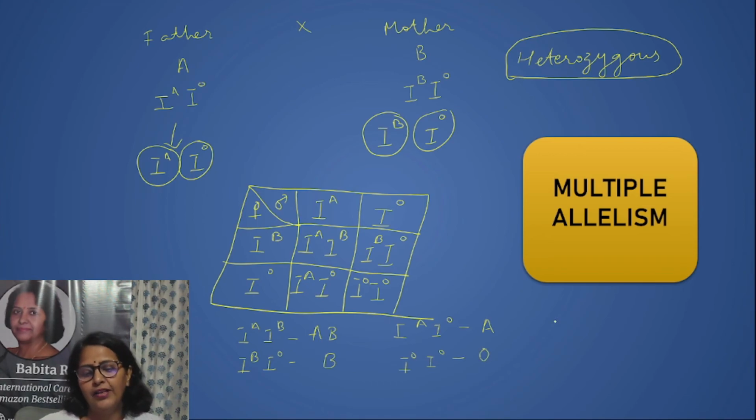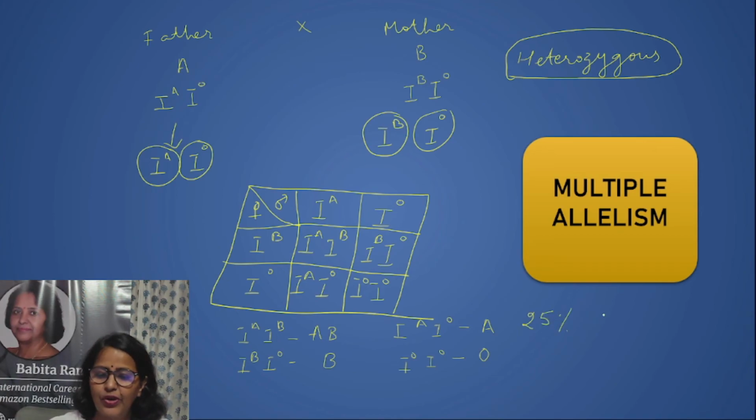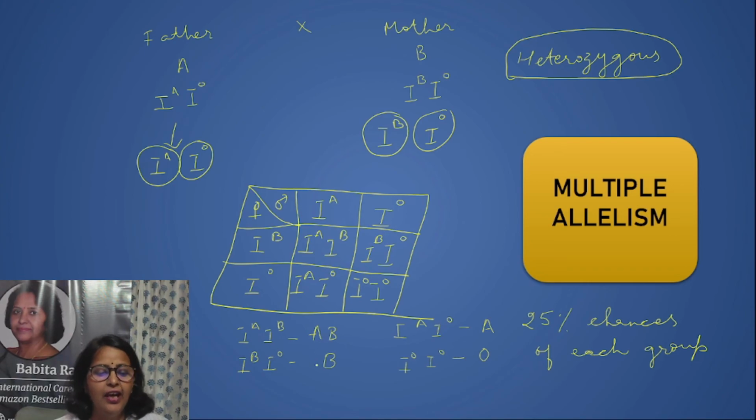O. So, we have 4 out of 4, 1 for each of them. So, every blood group is present, 25% chance for each blood group. That means, if a child is born, there is 1/4 chance that he may have AB or B or A or O.